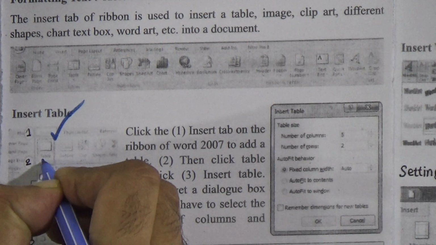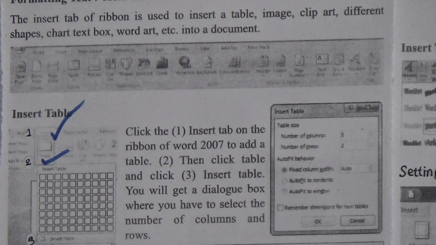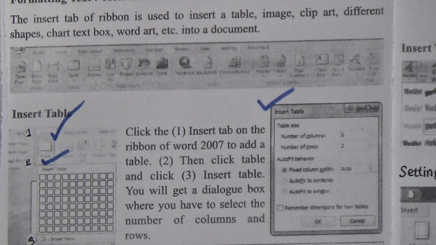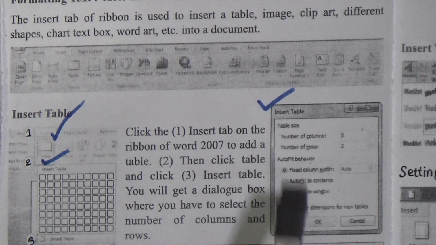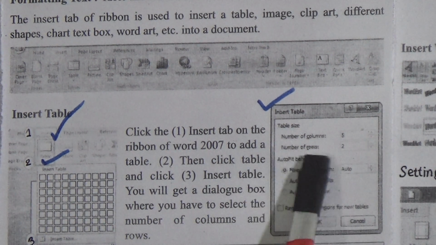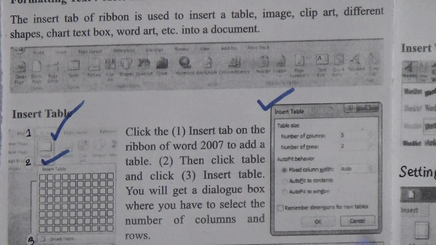From there we will select table, and you will get a dialog box where you have to select the number of columns and rows. We have got the insert table option here. Number 3, the insert table option will come, and when you click that one, you can select the number of rows and columns from here. Then you will click on OK.